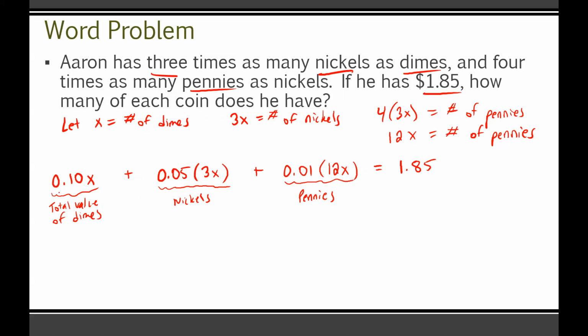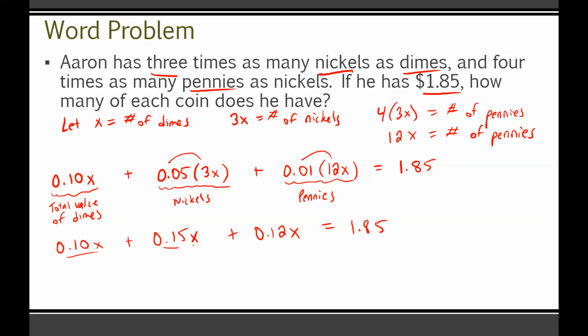Anyway, so let's now try this one. We've got to combine all of our like terms here. So I'm going to multiply this through. This is going to become 0.10x, that one didn't change, plus this multiplied in here is going to be 0.15x, plus this multiplied in here is 0.12x, and all of that added together is $1.85. Now that we've multiplied it all through, we can see we have like terms.